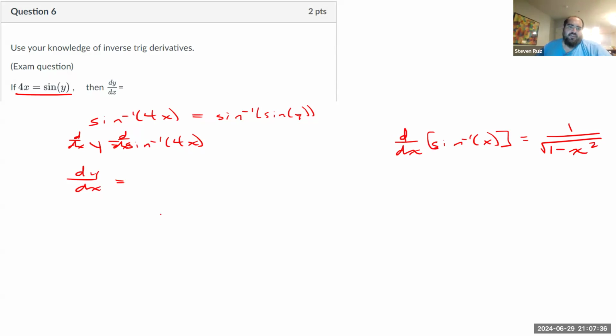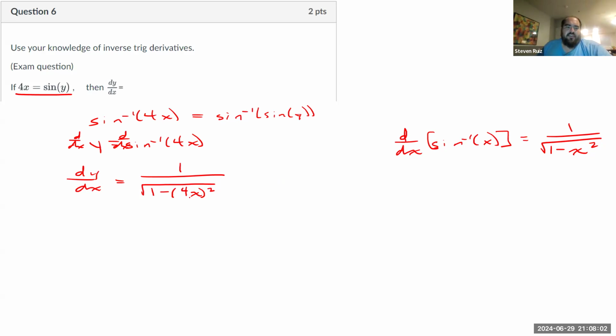So how does that help me with this derivative? We're going to have to use the chain rule because our inner function here is 4x. It's not simply x. So the derivative of the inverse sine of something will be 1 over the square root of 1 minus that something, in this case 4x squared.